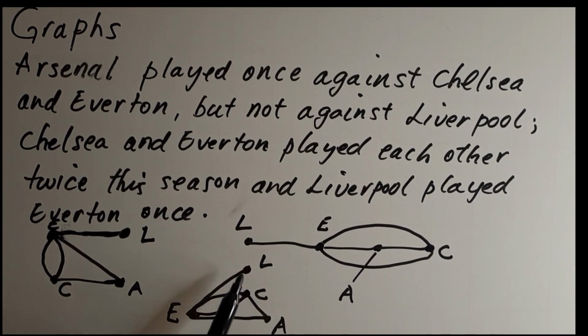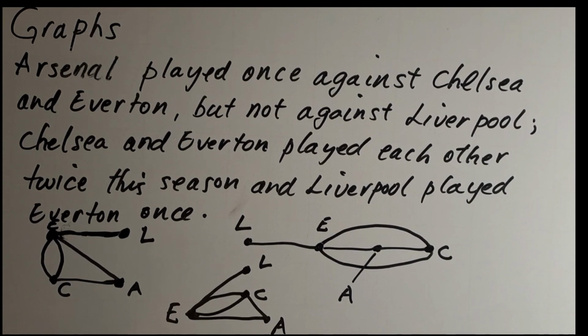Nothing against Liverpool, so there's no edge connecting Arsenal to Liverpool. Chelsea and Everton played each other twice. So we have two edges connecting Chelsea to Everton. And Liverpool played Everton once. There's one edge connecting Liverpool to Everton.